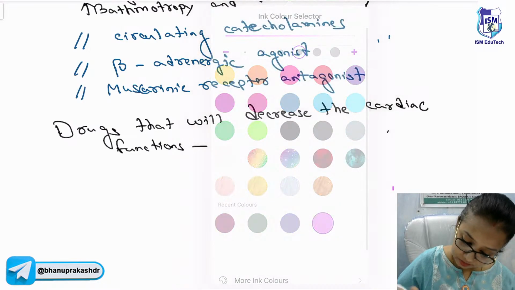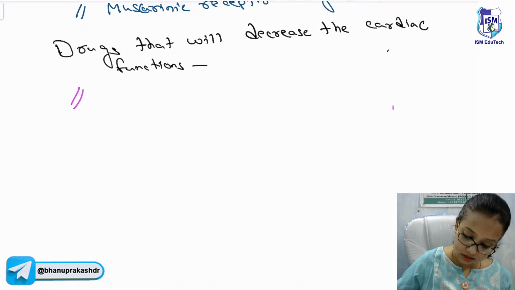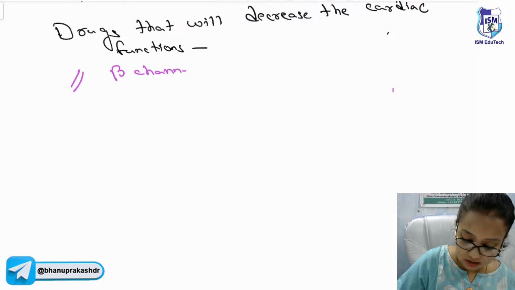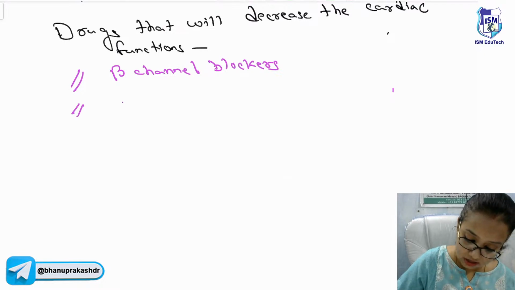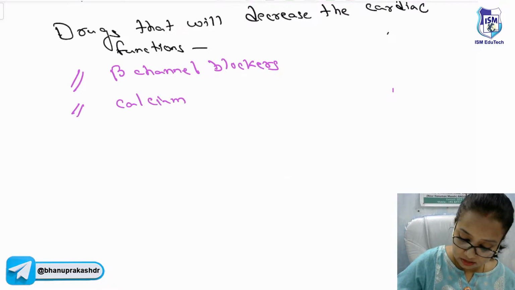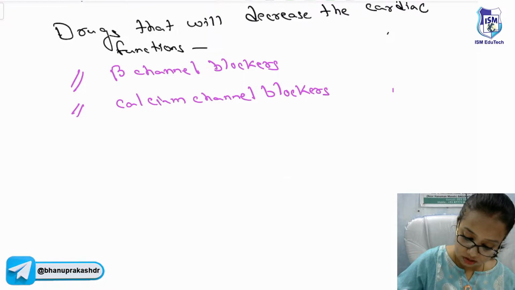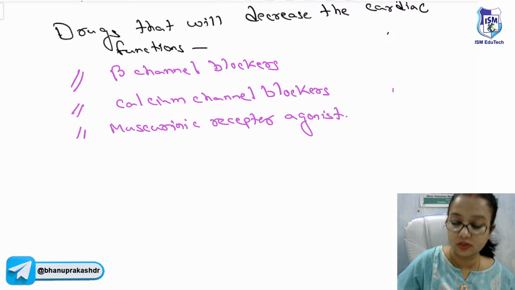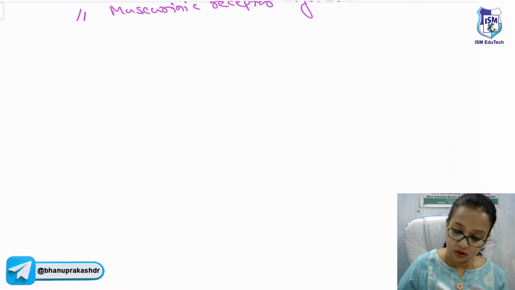Those are the beta blockers, the calcium channel blockers, and the muscarinic receptor agonists. Okay, these are the drugs that will block them.